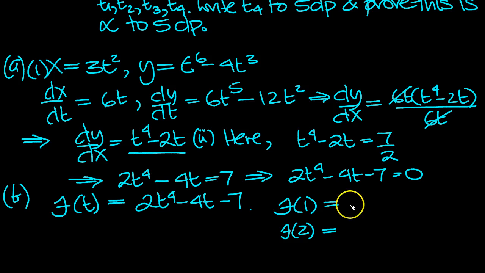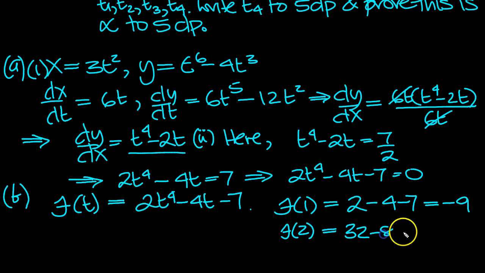So put 1 in: 1 to the power is just 1, minus 4 times 1 is minus 4, minus 7 is minus 9. Put 2 in: 2 to the 4, 16, 32, minus 8, minus the 7, 32 minus 15 is 17.